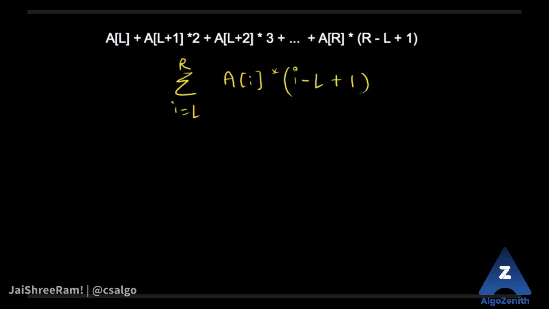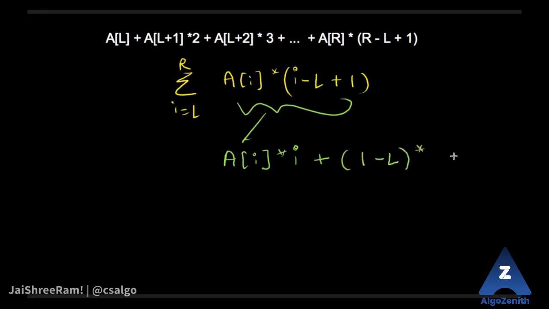Now we can split this internal part of the expression into A of I times I, plus 1 minus L. There is 1 over here and minus L over here, so we keep that part together and multiply it with A of I. And there is this summation being carried on.